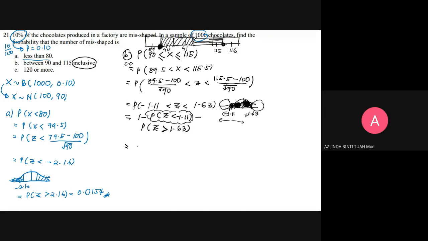Reflect, madam. Yes, reflect. It becomes P(Z greater than 1.11). Okay, read the table for both values. 0.1335, 0.0516. Answer.